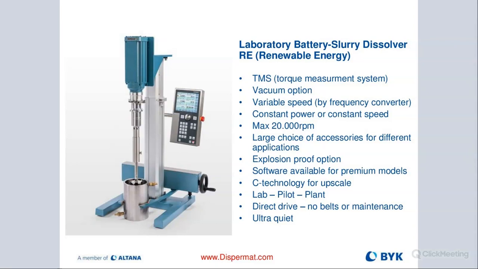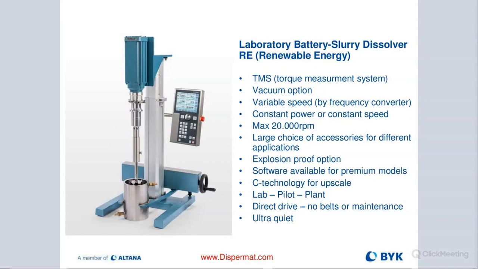So this is again a picture, a close-up of that new renewable energy lab scale battery slurry disperser. The torque measurement sensor we covered earlier is a really good feature, giving us this indirect measurement of our viscosity in real time. We have the ability to turn it also into a vacuum system.